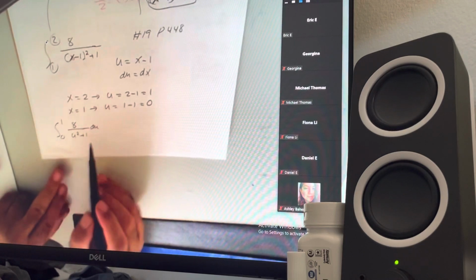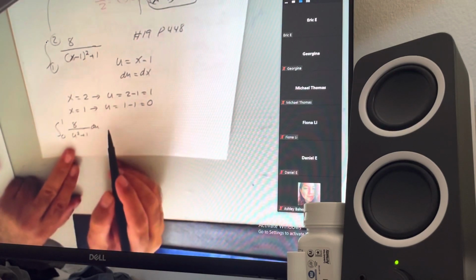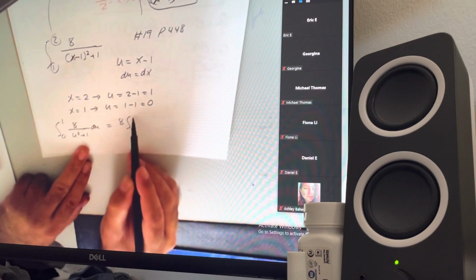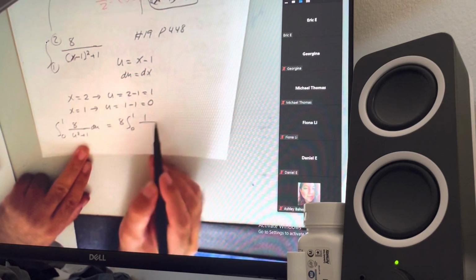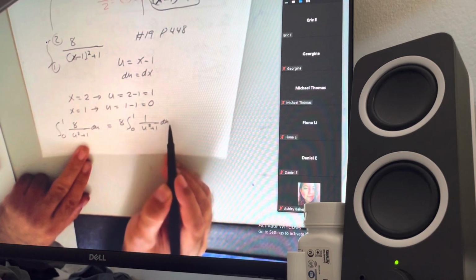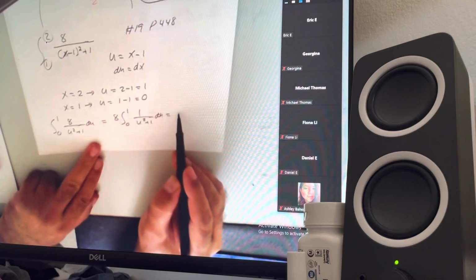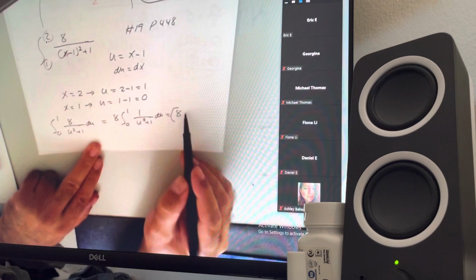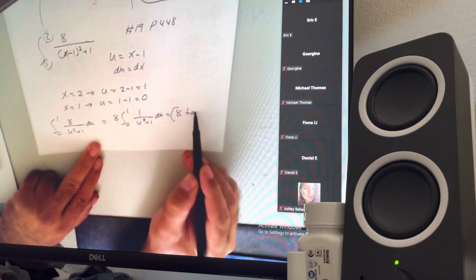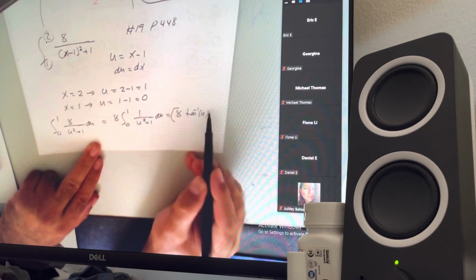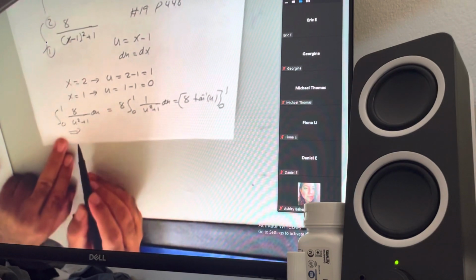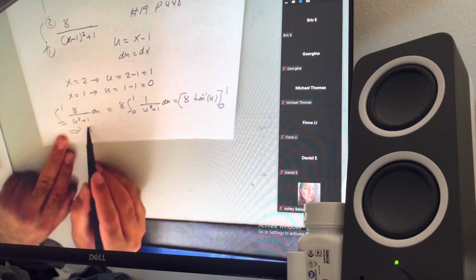Now we recognize this is number 19 in your book, so you can pull this 8 outside. So this is 0 to 1 of 1 over u squared plus 1 times du. And this is the same as 8 times the inverse tangent of u, from 0 to 1. So we can pull 8 outside.